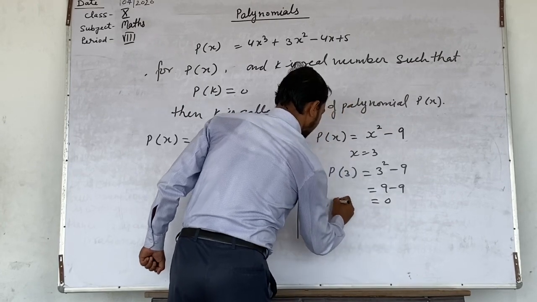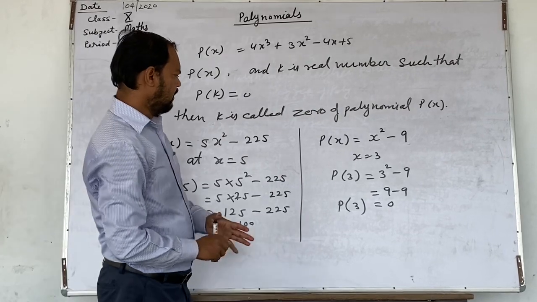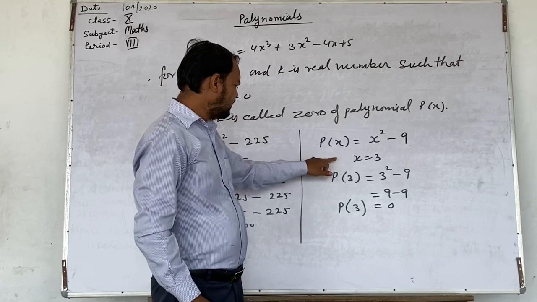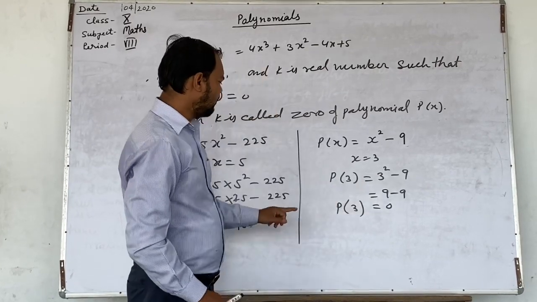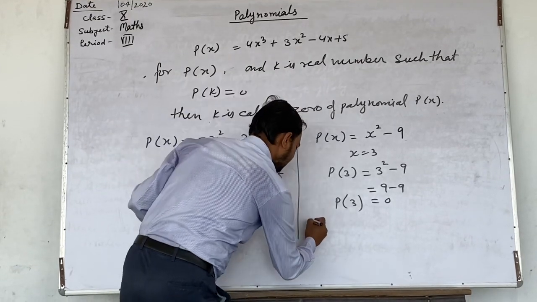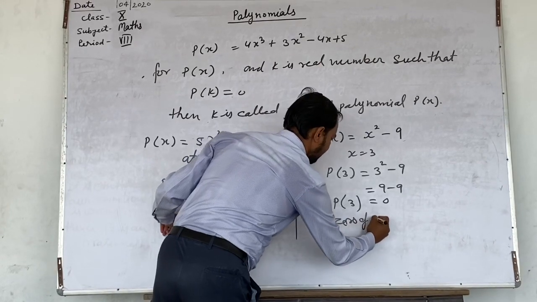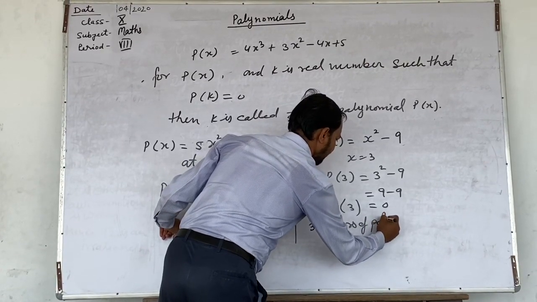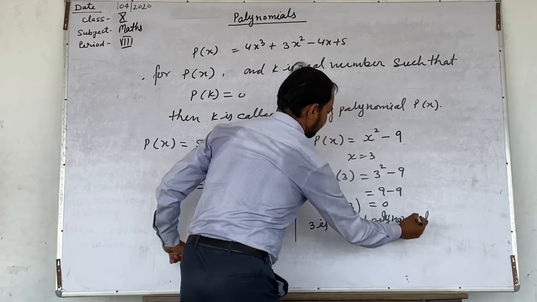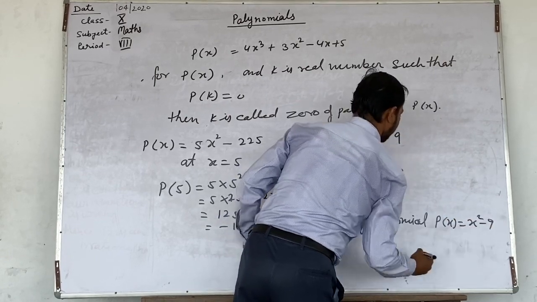That's 0. p(3) equal to 0. See here, at the value of x equal to 3, polynomial p(x) becomes 0. So we can say 3 is a zero of the polynomial p(x) equal to x square minus 9.